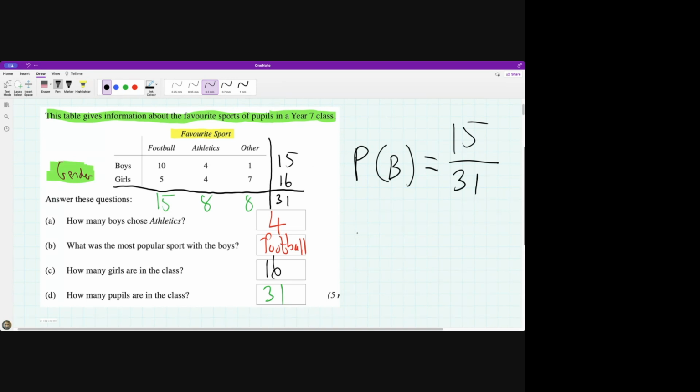Now, I want to ask you, what is the probability that a randomly chosen person in the class likes football? What is the probability that a randomly chosen person likes football?